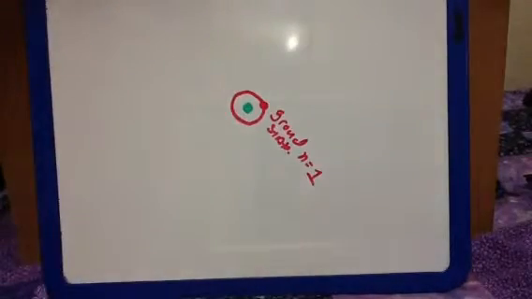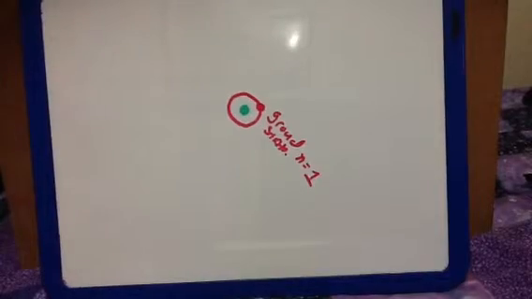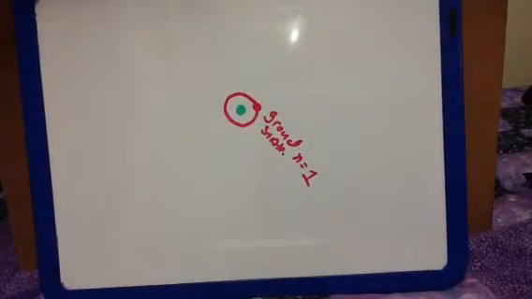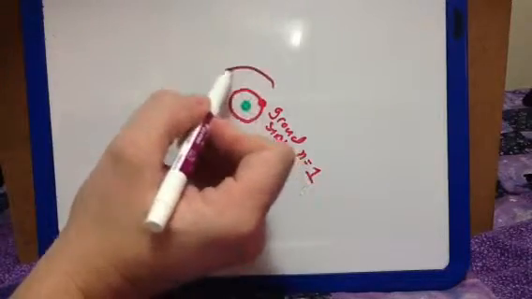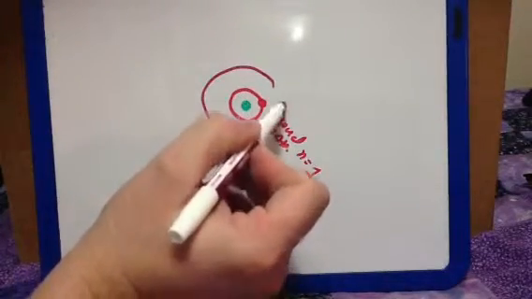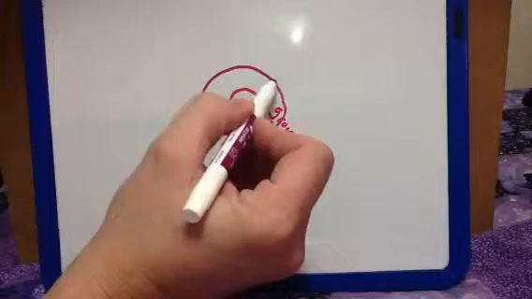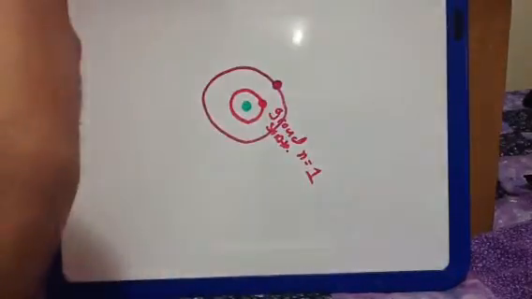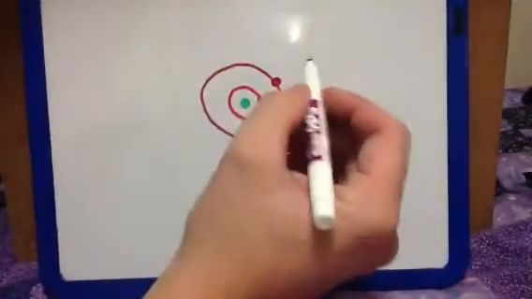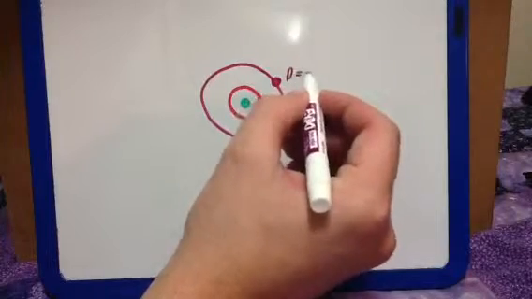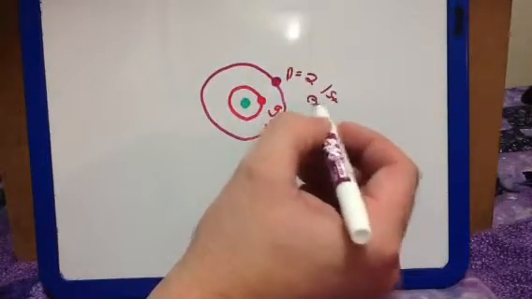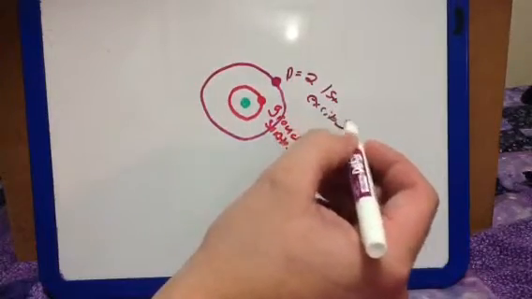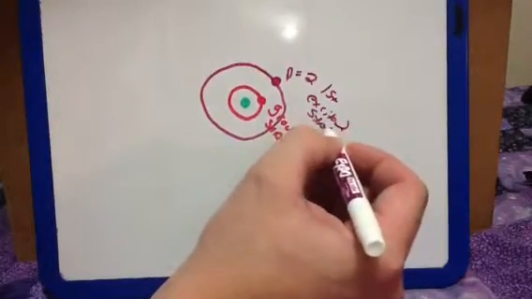Now we also know that electron could exist in a higher energy state. So I'll draw another state of energy up here, a little further away from the nucleus. We would call that n equals 2, or the first excited state.